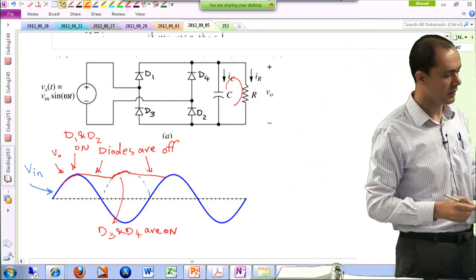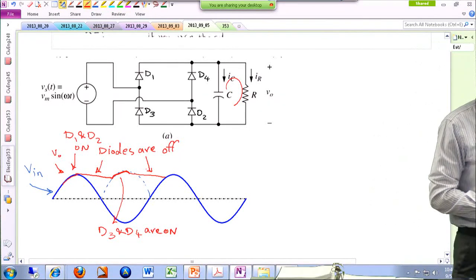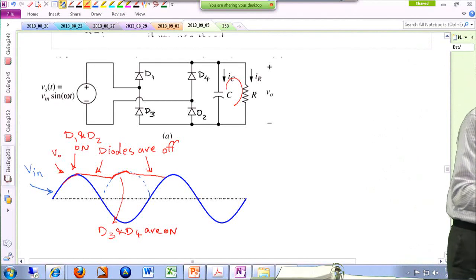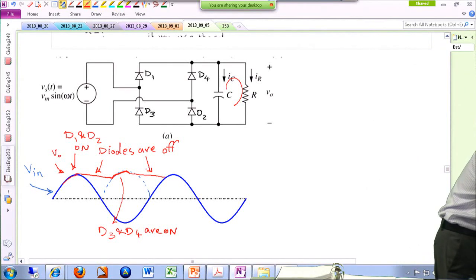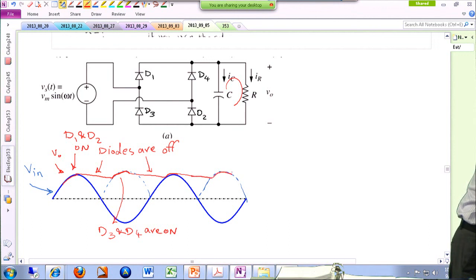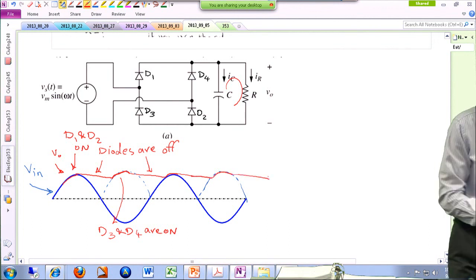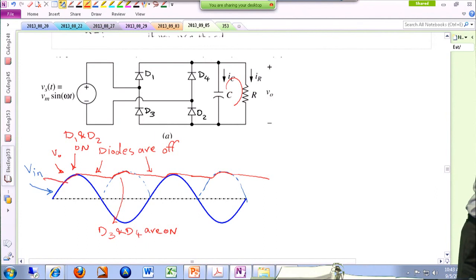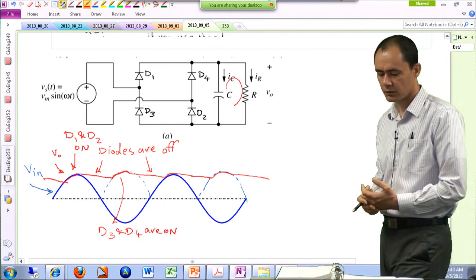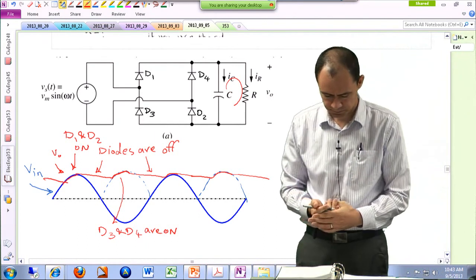And then we have an RC action going on until the next half of the cycle arrives. If you want to plot the output voltage, it's going to look something like this. So this is going to be the waveform for the output voltage.